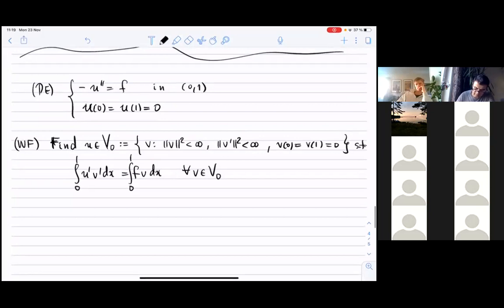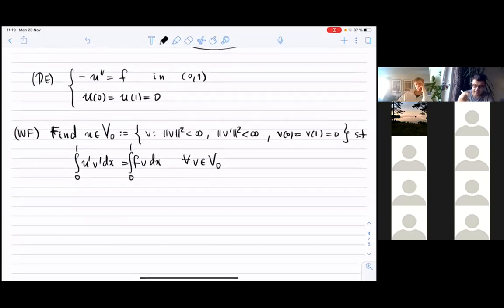Let us assume that we use the same triangulation that we defined a bit earlier.